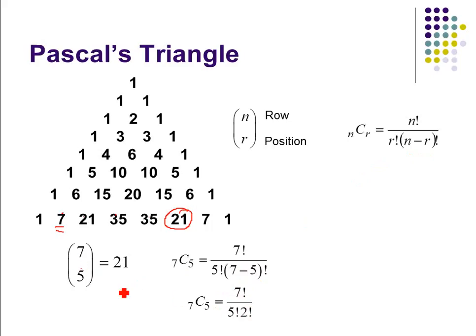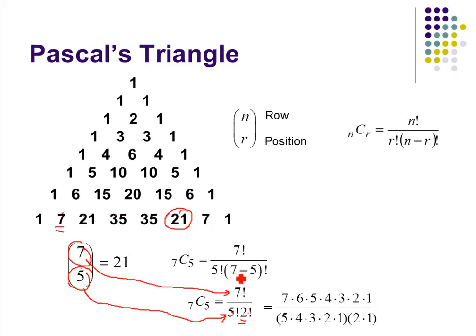So there's the 7, goes to here. The 5 goes to here. And to figure out this number, 5 plus 2 equals 7. So these two have to add to 7. This doesn't become 7 factorial. It doesn't work that way. It's 5 factorial over 2 factorial. So if we simplify this, this is what we have. 7 factorial is 7 times 6 times 5 times 4 times 3 times 2 times 1. Here's 5 factorial. Here's 2 factorial.